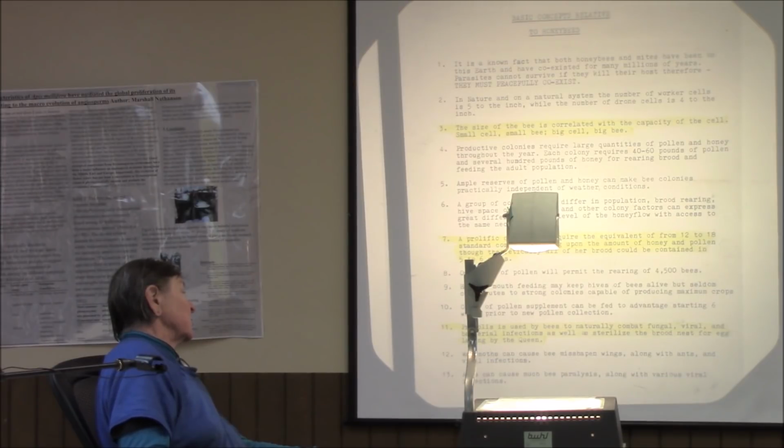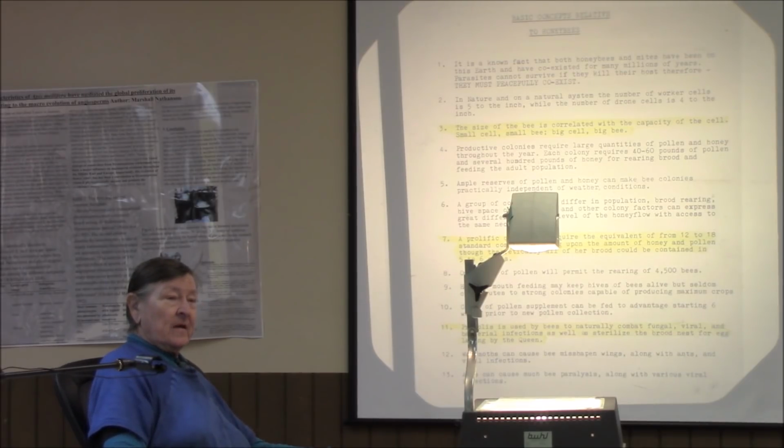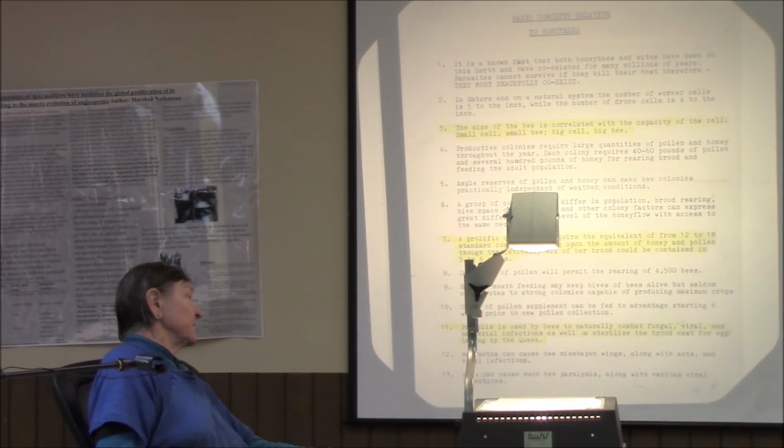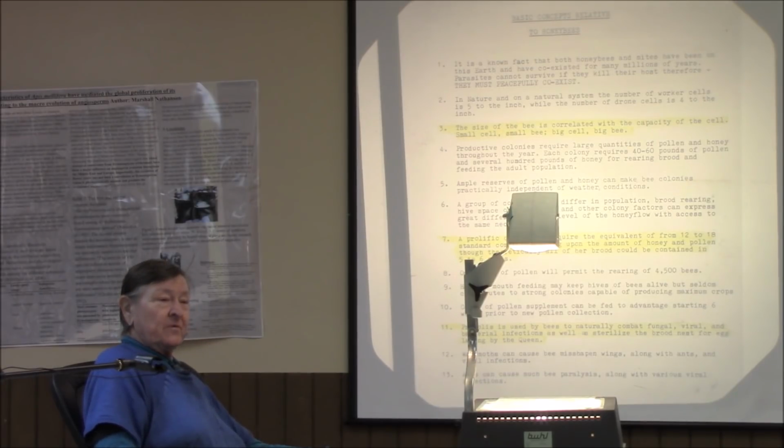Okay, wax moths can cause bee misshapen wings along with ants and viral infections. And people say it's deformed wing virus. Yeah, but a lot of things cause deformed wing virus, from being chilled to ants, moths, you know, and stuff is coming out and they're being predated upon.